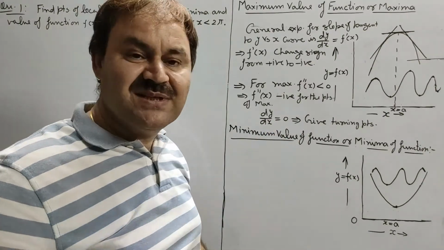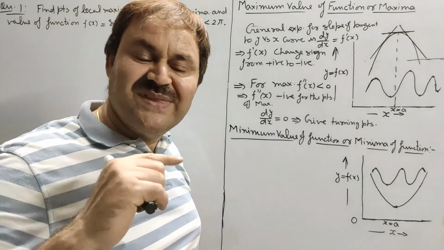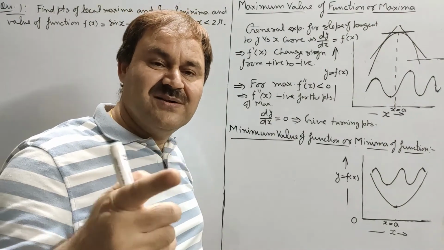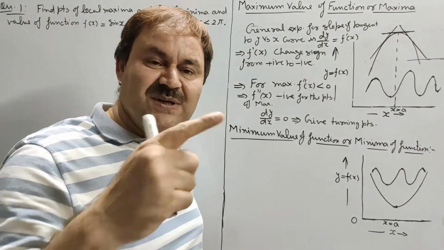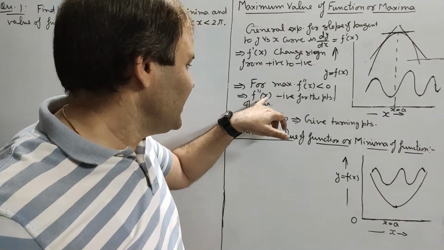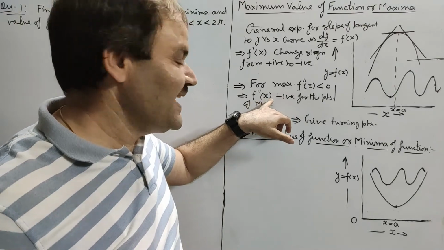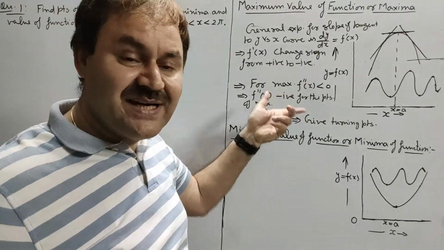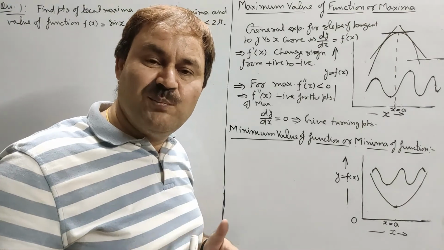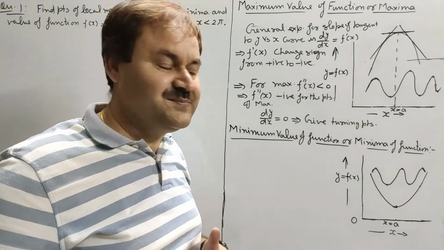But sometimes it may happen that dy by dx is 0, but the function is neither maximum nor minimum. That is, d square y upon dx square, that is f double dash x, is neither negative nor positive. Such points are called points of inflection.